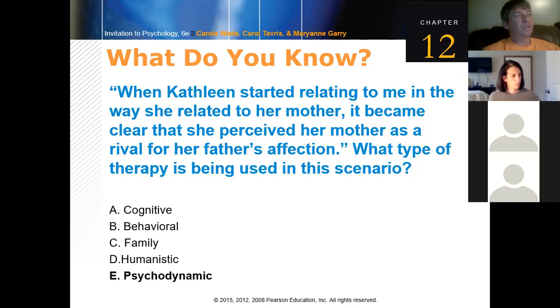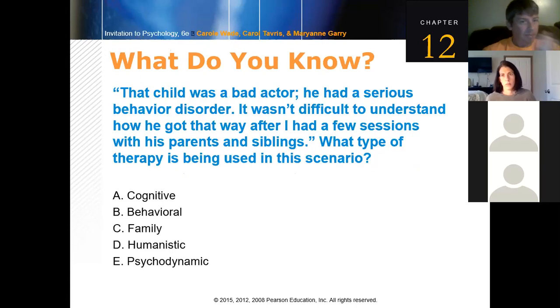So the idea with psychodynamic therapy using psychoanalysis is to try to find the underlying conflicts or motives. In this case, the person providing therapy is asking questions about the person's past and their feelings, and then they start to notice that the client is relating or expressing feelings toward the therapist as the client would toward the mother.